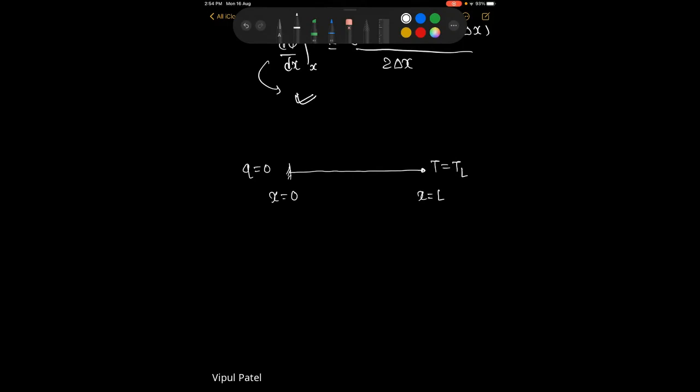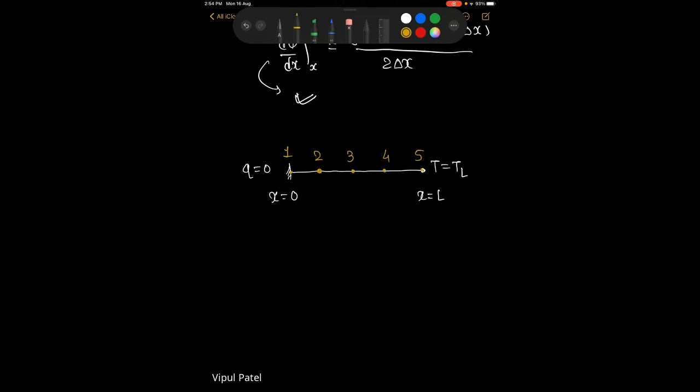Now, according to the finite difference method, we will divide the whole domain into a finite number of discrete grid points. Let's suppose we are dividing this domain into 5 grid points, including the grid points at the boundary. So this is 1, 2, 3, 4, and this is grid number 5.